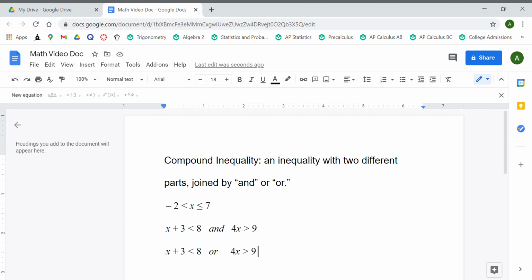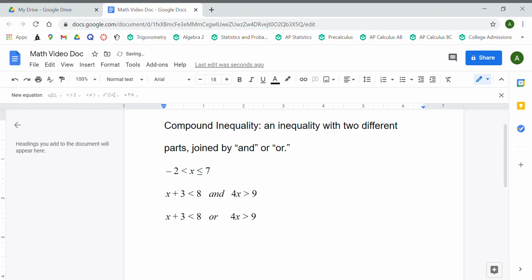Alright? So we're going to start things off by learning how to write and graph inequalities in this form. So here's a number sentence that you might be given.